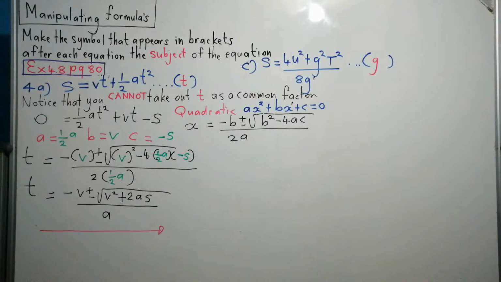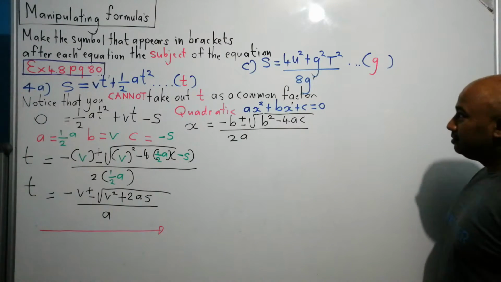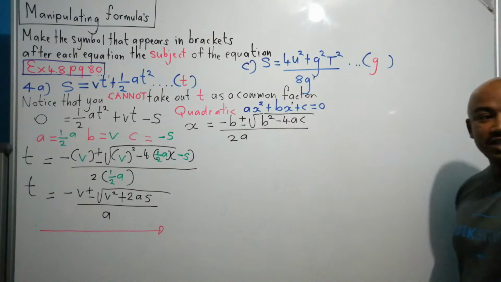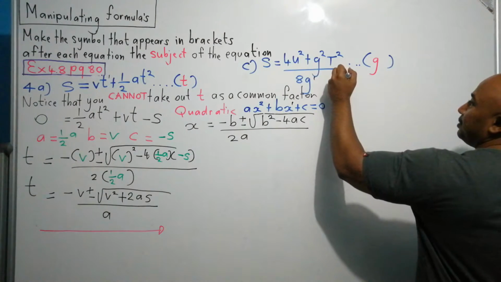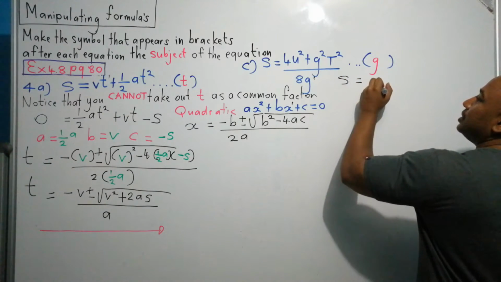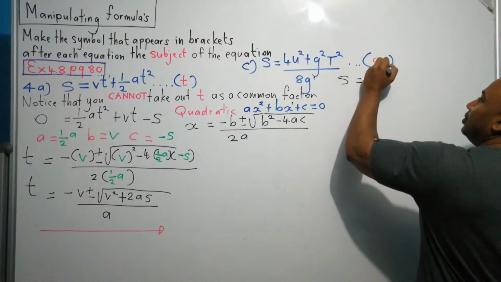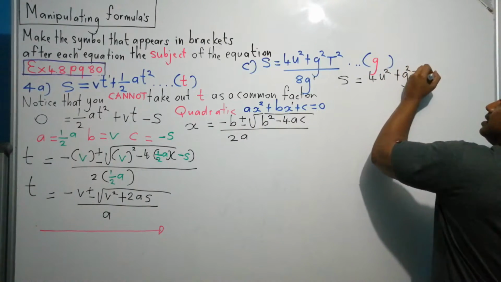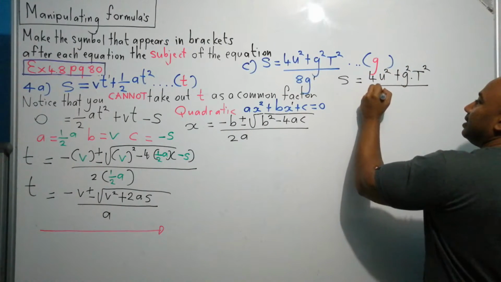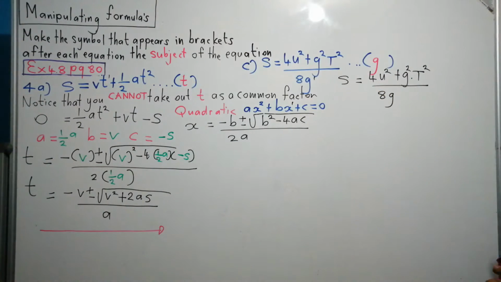So you know, we don't want to deal with fractions, get rid of the fraction. So here, I got s is equal to 4u squared plus g squared times t squared divided by 8g.